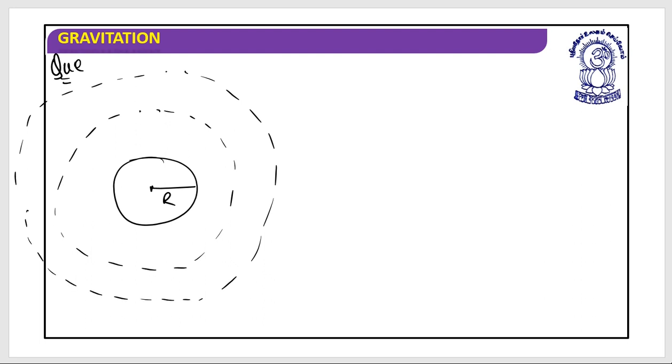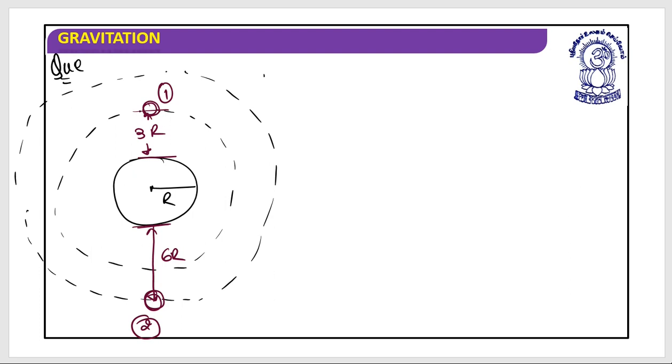These two orbits are there, and the distance from the center to this orbit is 3r. A certain planet is revolving around this, and the distance from the center to this one is 6r, and some other planet is revolving around this. Let's call this first, and this second.